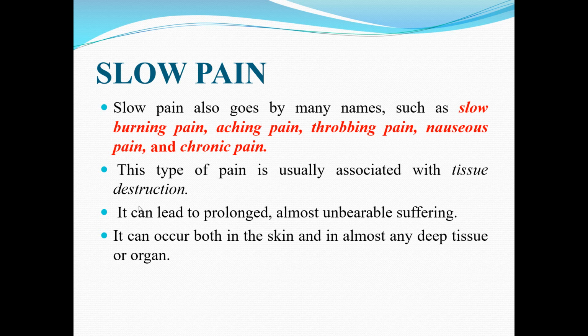It is chronic. It is dull and not sharp. This type of pain is usually associated with tissue damage, tissue destruction, and it can lead to a prolonged and almost unbearable sort of suffering. It can occur both in the skin as well as in deep tissues or organs.